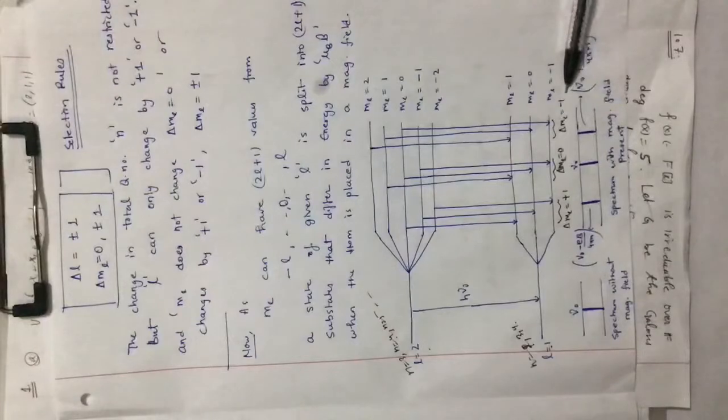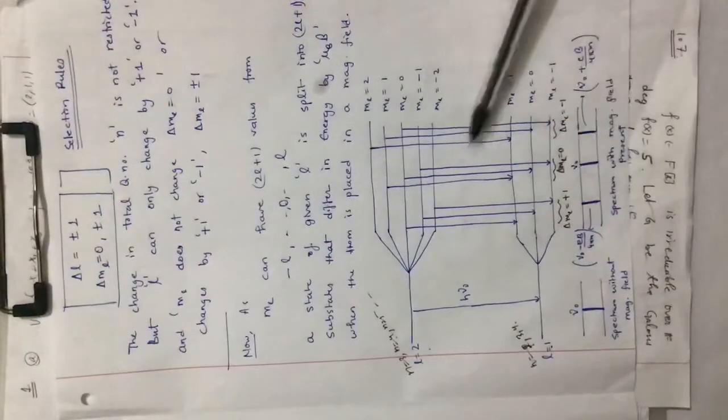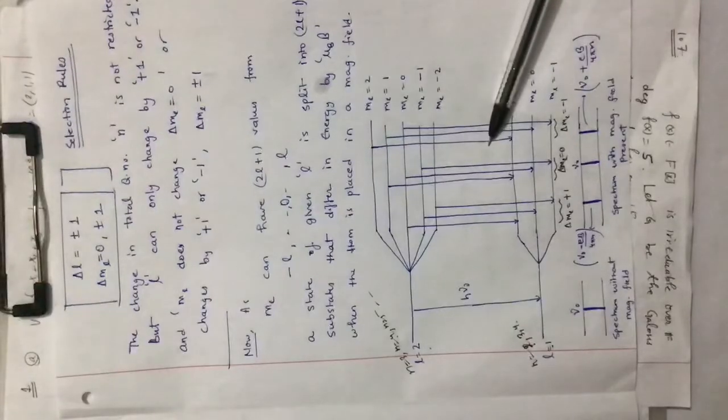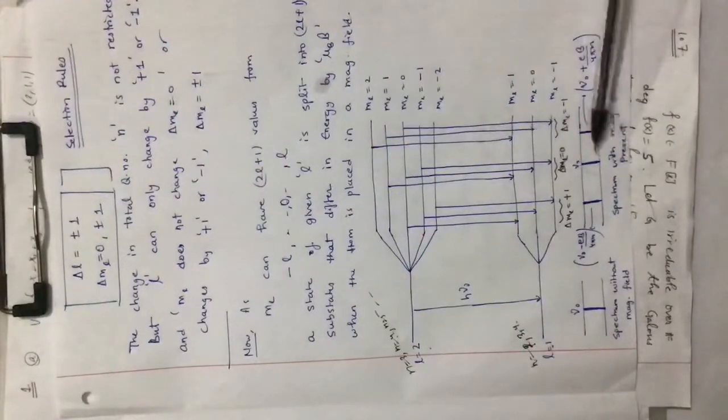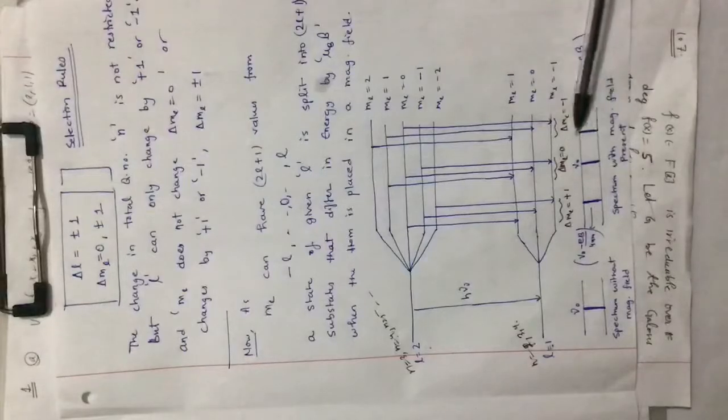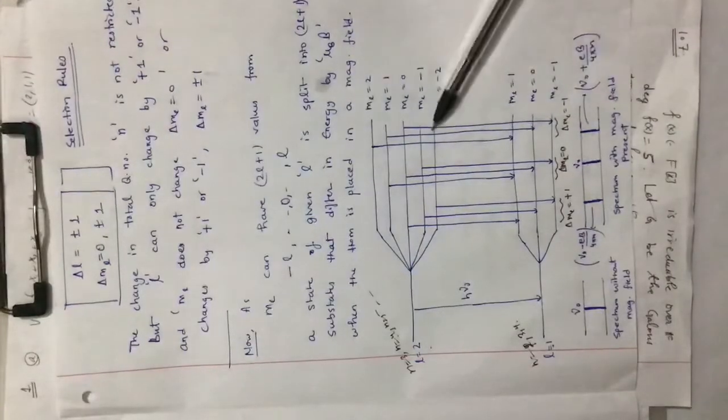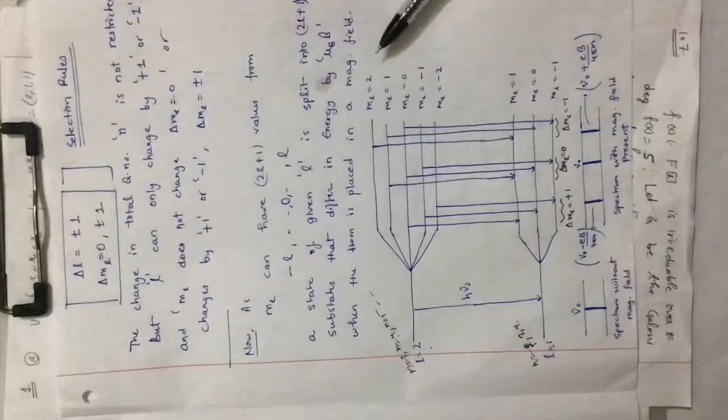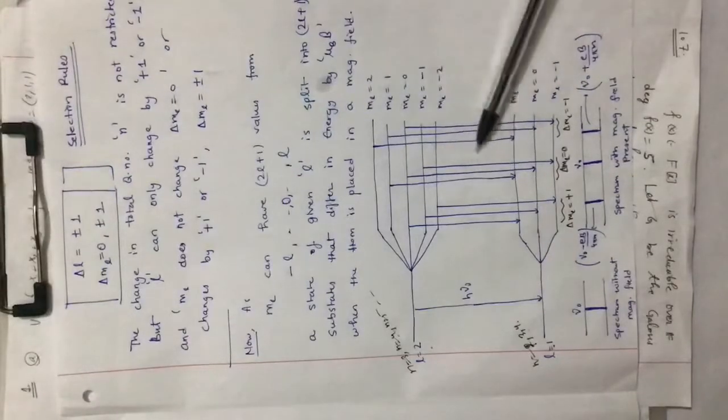These spectra come out from these transitions. We can experimentally see these spectra only when an electron gets transferred from one state to another state. So this is only applicable when this happens, right?